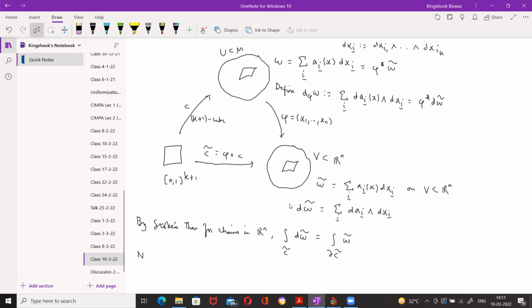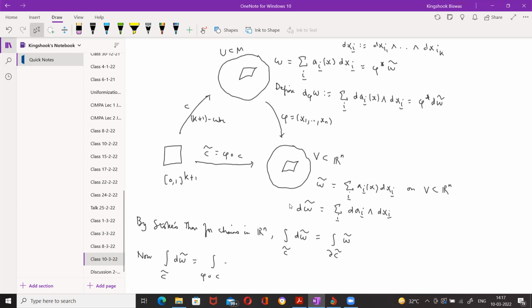But now what is the left-hand side? The integral over C tilde of d omega tilde. What is C tilde? This is phi composed with C, right?